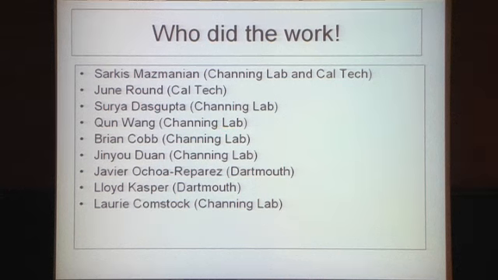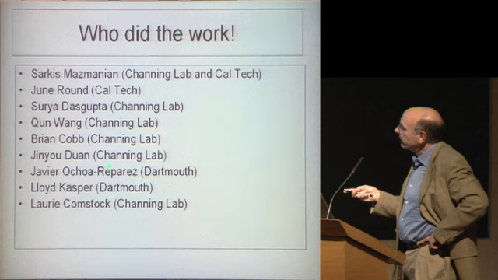Who did the work? The colitis work was done by Sarkis Mazmanian when he was in my lab, and then continued in his lab at Caltech, along with a postdoc of his, June Round. The work on the dendritic cells been done by Surya, the TLR signaling by Chun Wang, Brian Cobb, Jinyu have done the antigen presentation work.